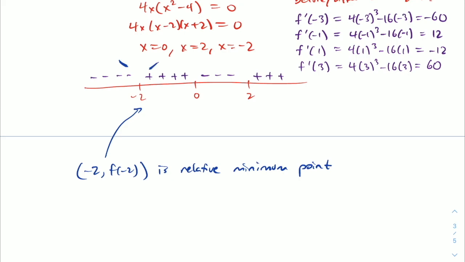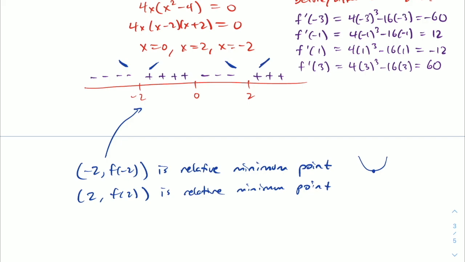So we're at a situation like this. 2, f of 2, is also a relative min, for the same reason. It's negative before and positive after.